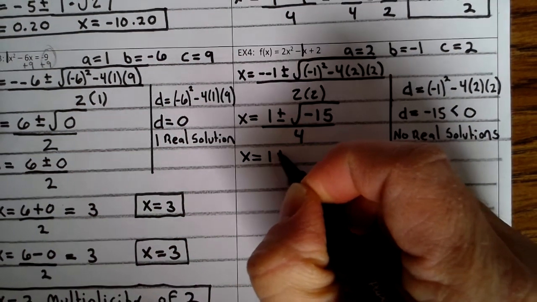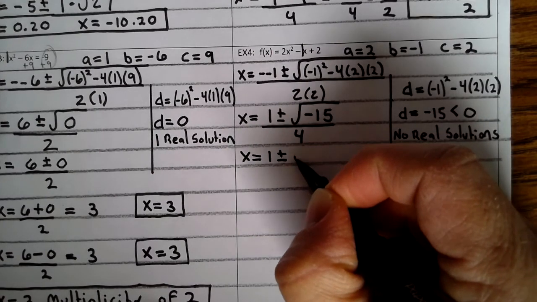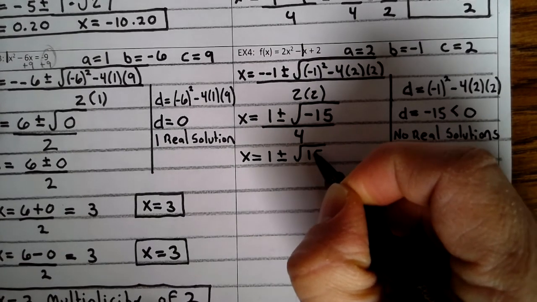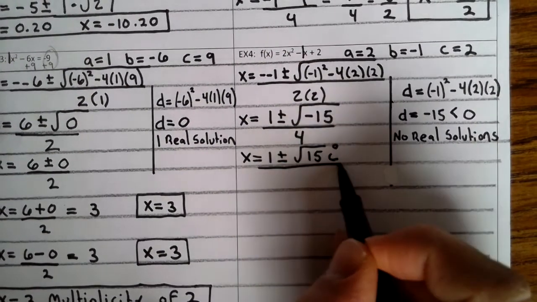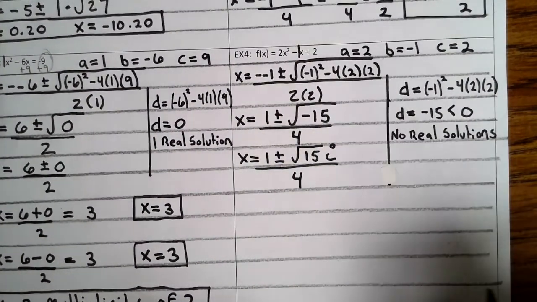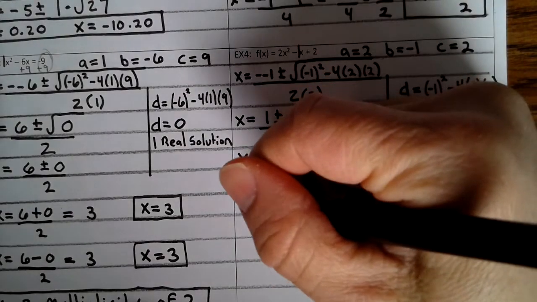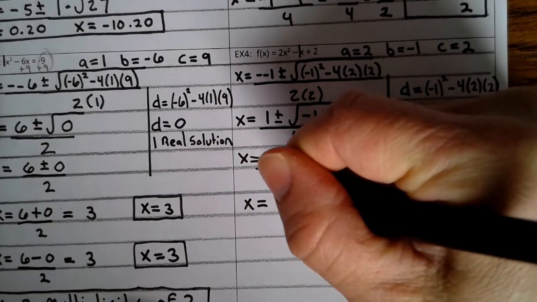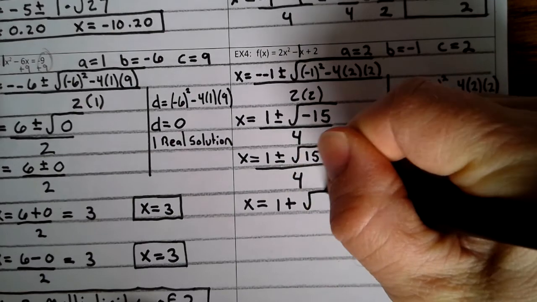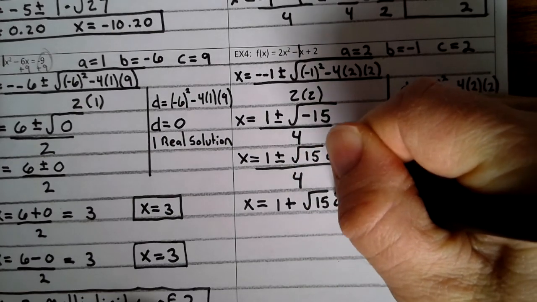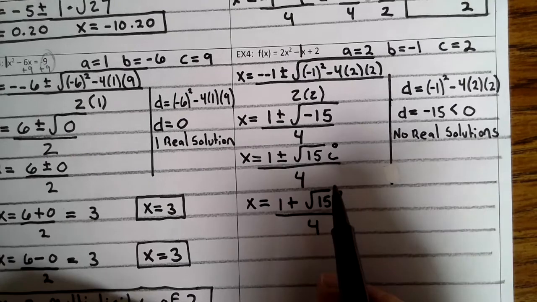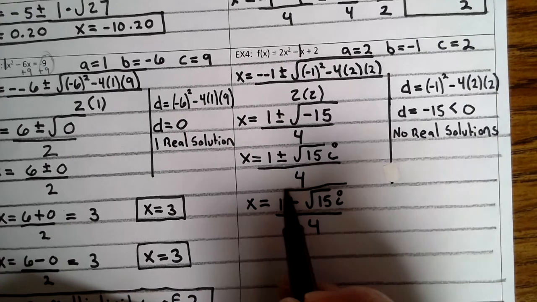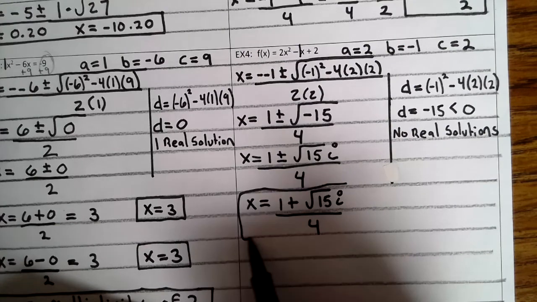So your two answers are x equals 1 plus the square root of 15i divided by 4, and x equals 1 minus the square root of 15i divided by 4.